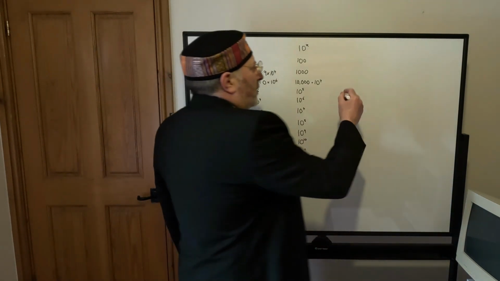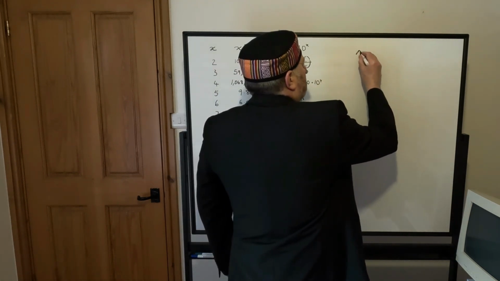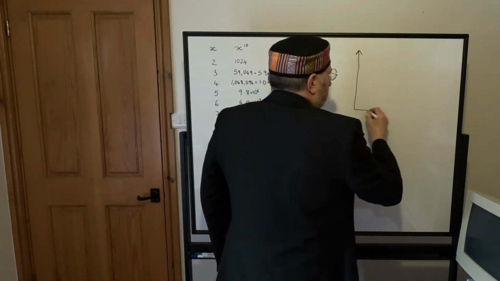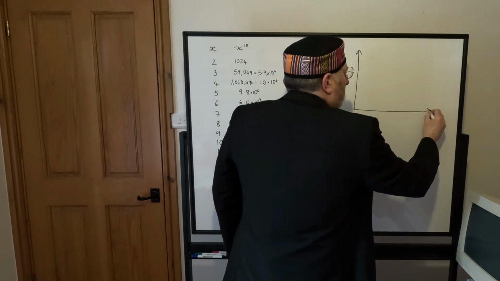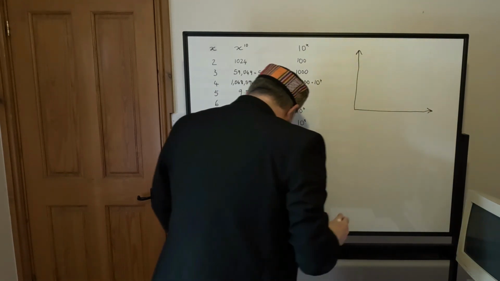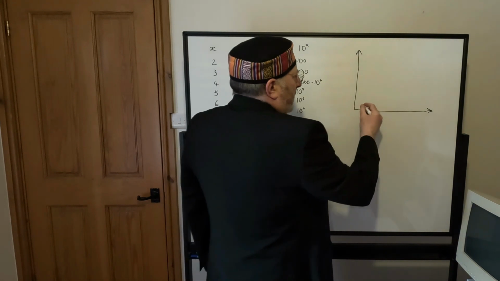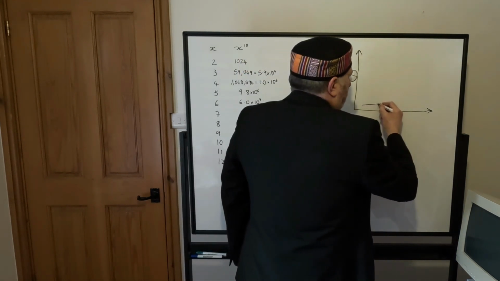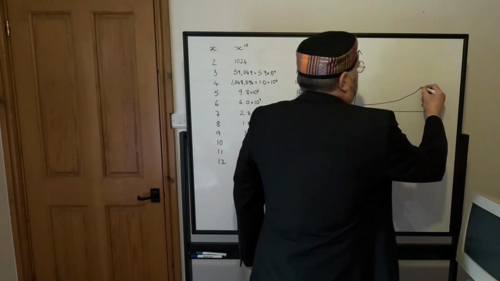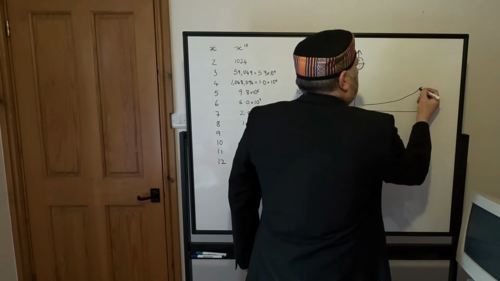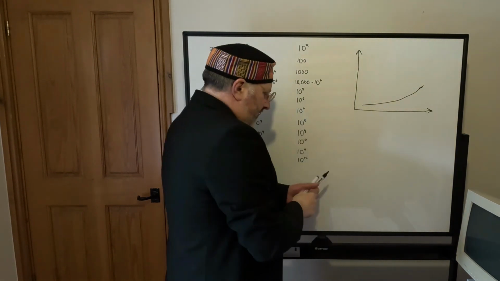So if we plotted a chart of x, the power law would look something like that. It should be going up smoothly.